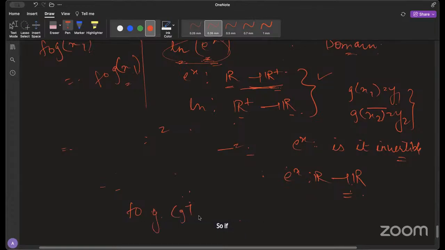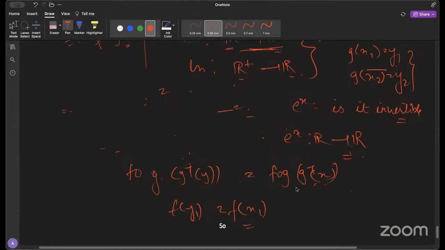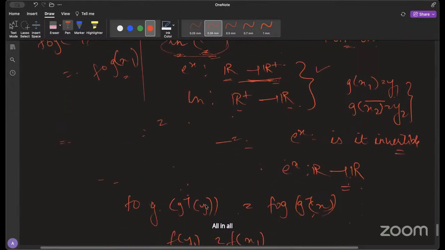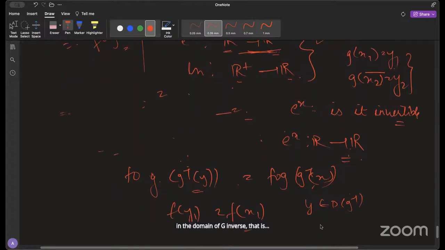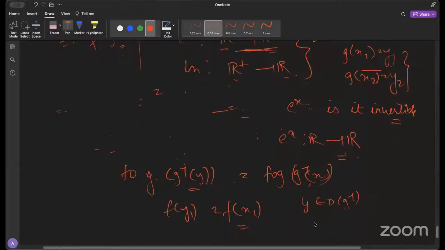If you apply f∘g to g inverse of y and g inverse of x, you get f(y1) equals f(x1). All in all, this is only true for y in the domain of g inverse, that is, y in the range of g.